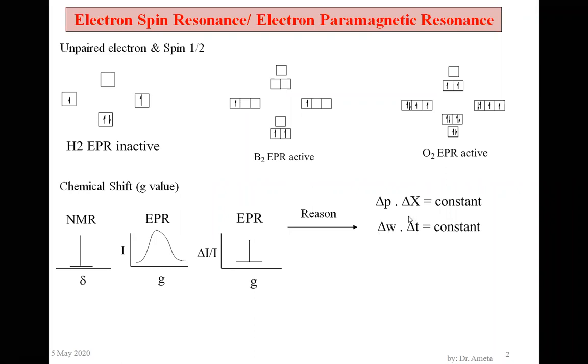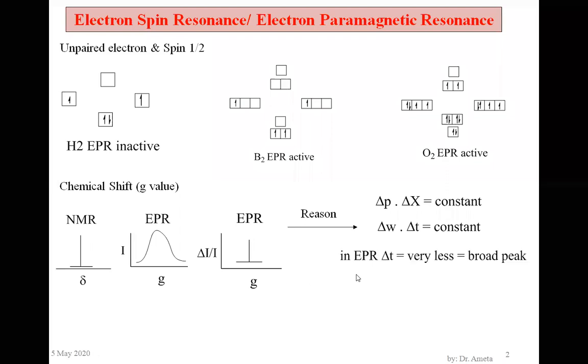So if there is an increase in time, delta width will decrease. So in case of EPR, the relaxation time is very short. That's why we get a broad peak. And in case of NMR the relaxation time is high, that's why there is a sharp signal.